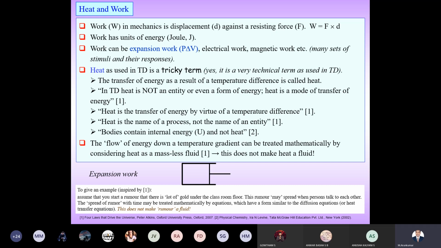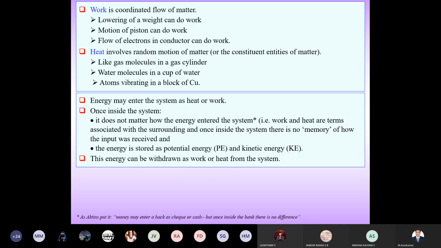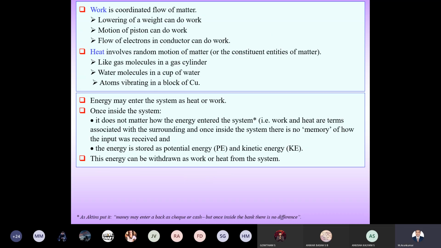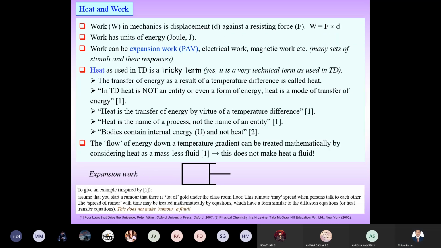Take compressed air: the volume is less and the pressure inside the system is more.